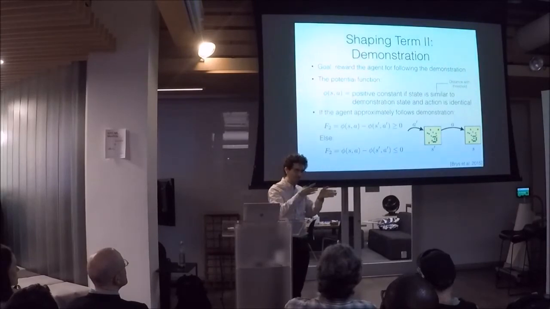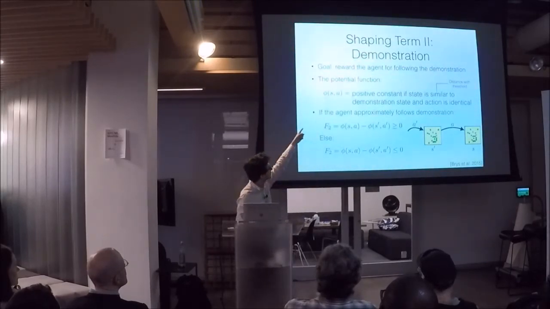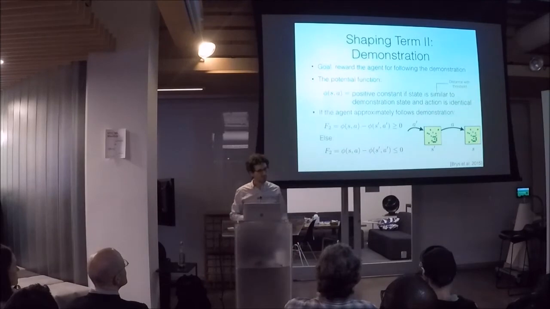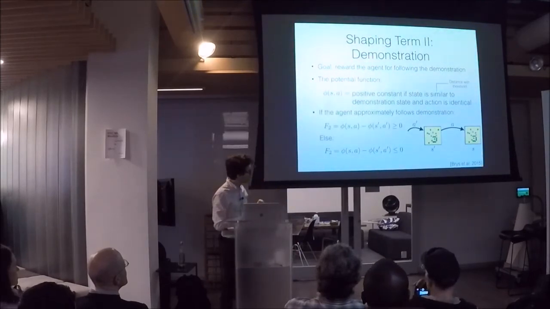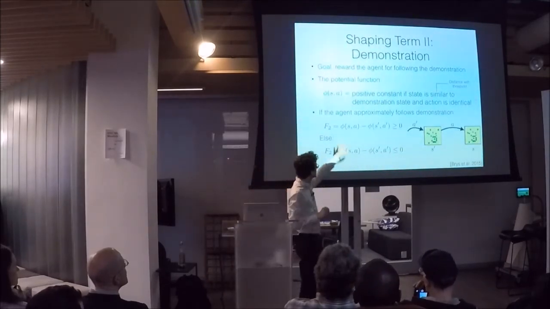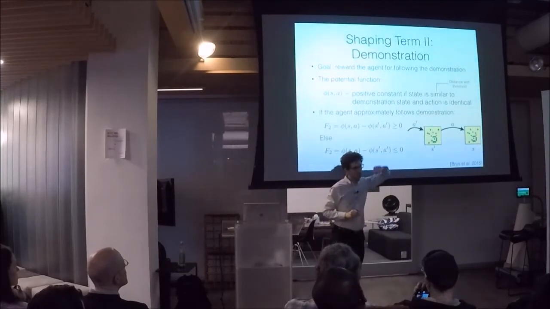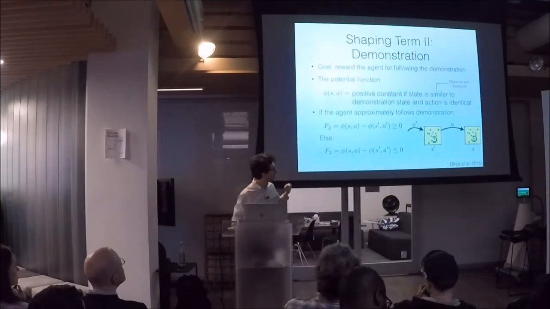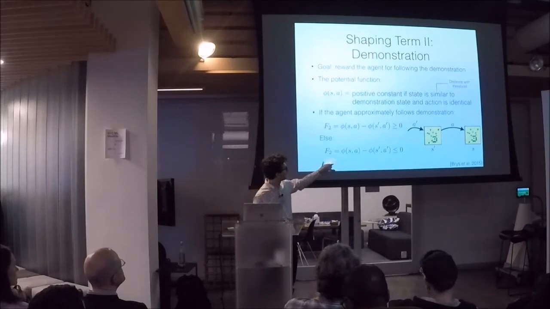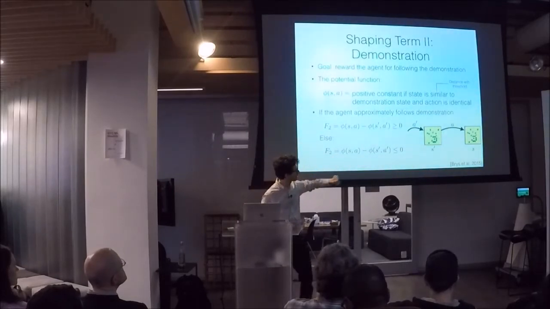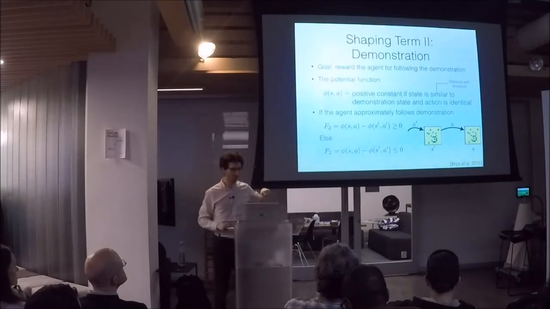As long as it's moving in the right direction, this potential is going to be a bit positive. So if the agent approximately follows demonstrations, this potential is going to be larger than or equal to 0. And if it's not following demonstrations, this potential term is going to penalize and take the reward down.